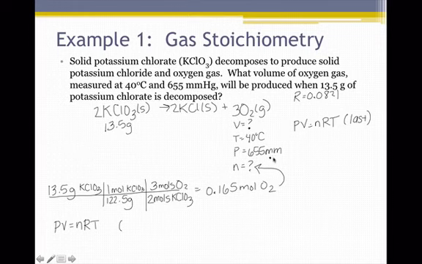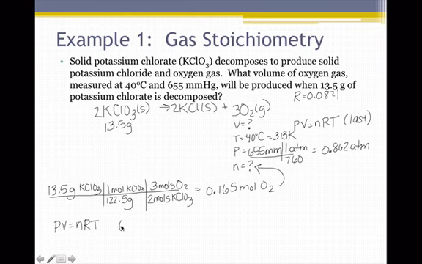So 655 millimeters of mercury, I would just divide that by 760 to get into atmospheres, and that's going to be 0.862. And then we always want our temperature in Kelvin. So if I add 273 to that, I'm going to get 313.